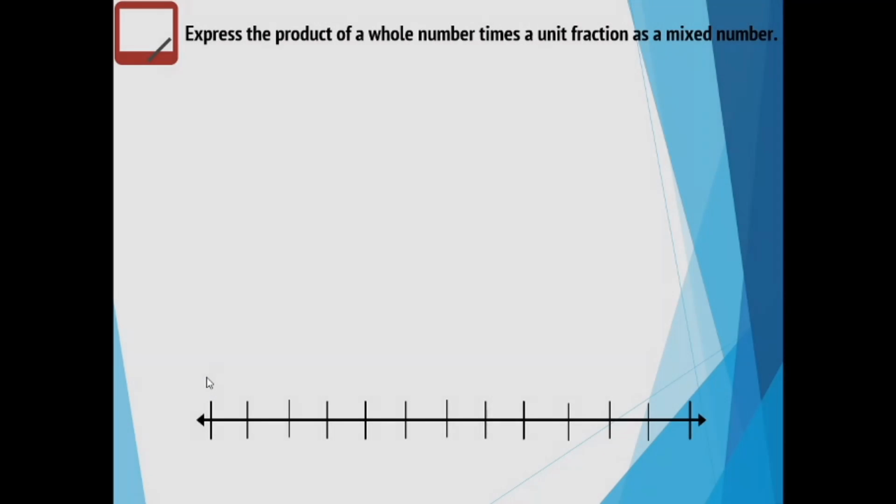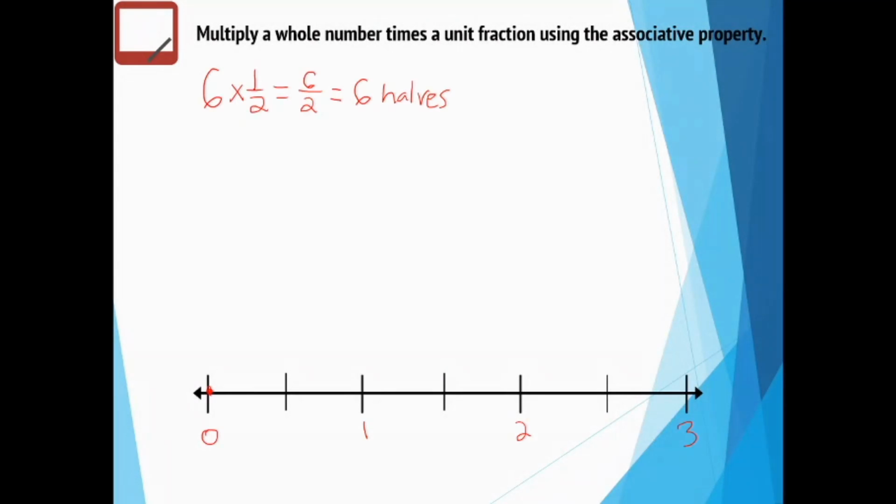Sorry, my computer was trying to be funny. We know that we can represent it as a jump like this, because we know our answer is 3, right? Because we know the 6 halves from the previous page. So I'm going to work backwards now and show you how we got there.